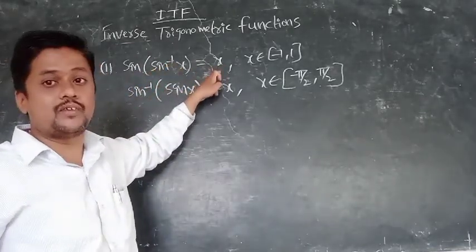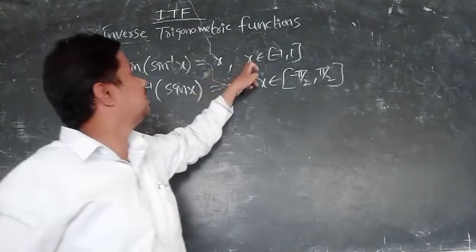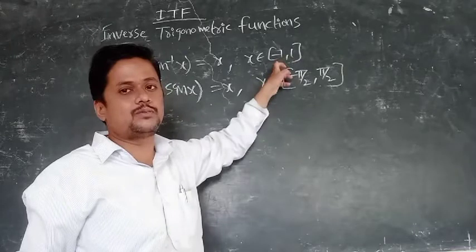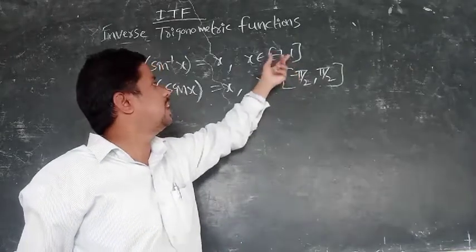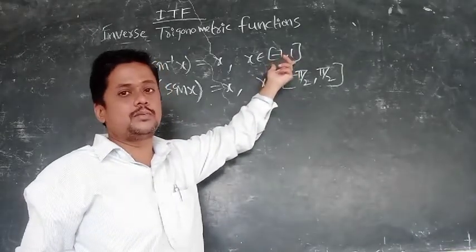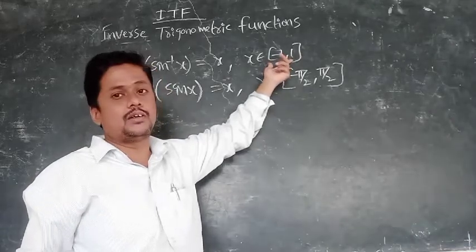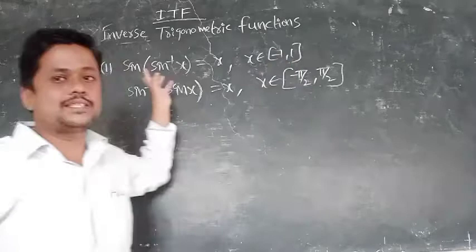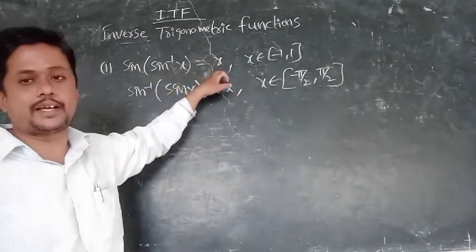Sin of sin inverse x is equal to x. When is it possible? The x value should be between minus 1 and 1, including minus 1 and 1. If the value lies in this range, sin inverse will be cancelled and the answer will be x.